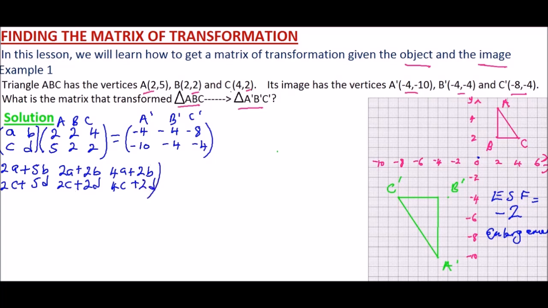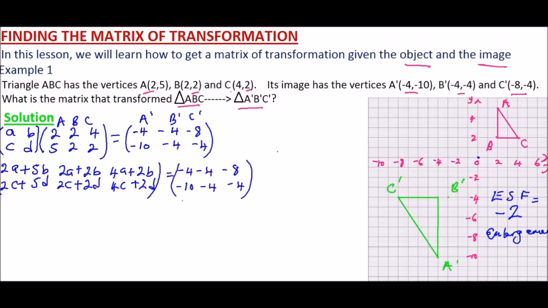So that is one matrix. So we close this bracket. This matrix is equal to this matrix. So we have -4, -8, and then we have -10, -4, -4, and we close the bracket of the matrix.